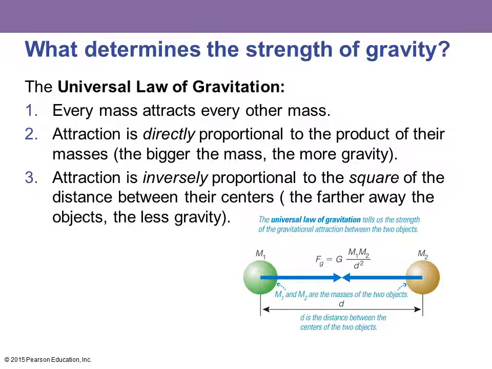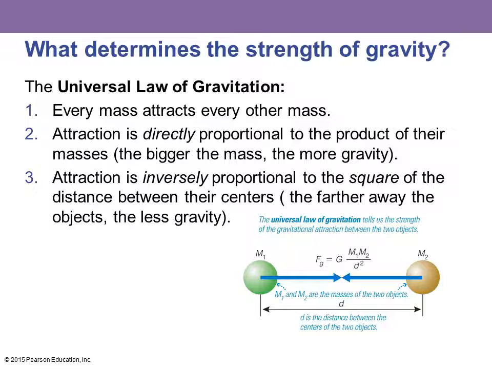And number three, attraction is inversely proportional to the square of the distance between their centers. Again, we're not going to worry about the math. Just understand that the farther away an object is from another object, the less gravitational pull will occur, the less gravitational force they will have.